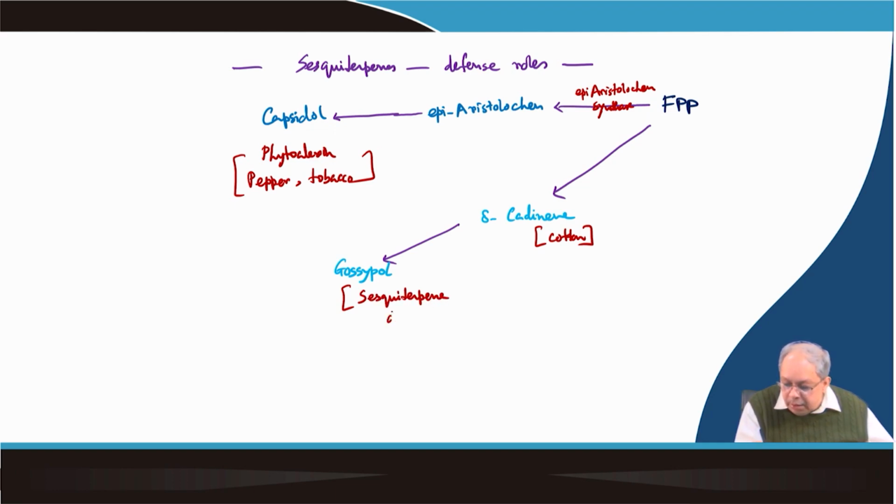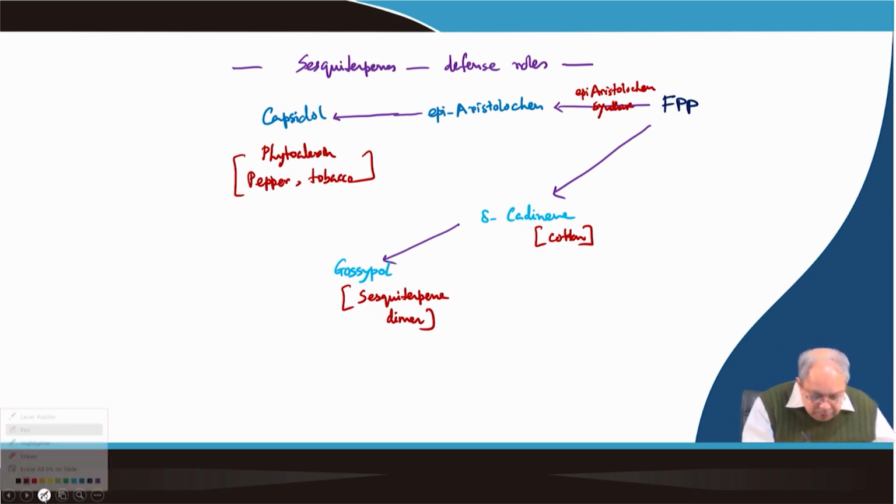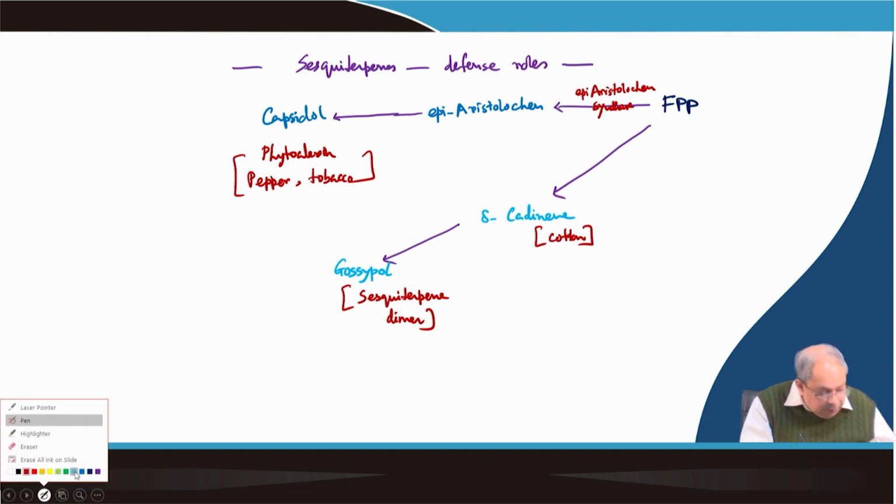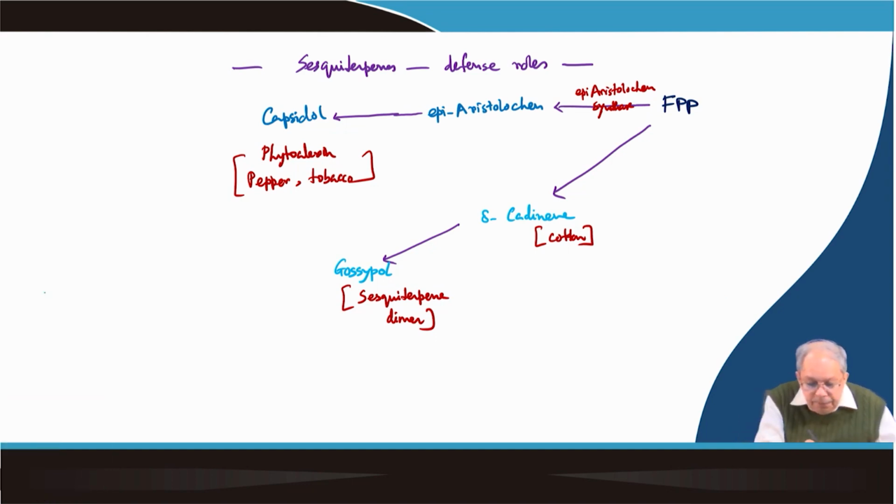Sesquiterpene dimer. So, let me draw the structure. Okay, the gossypol here. So, the gossypol structure is very interesting.